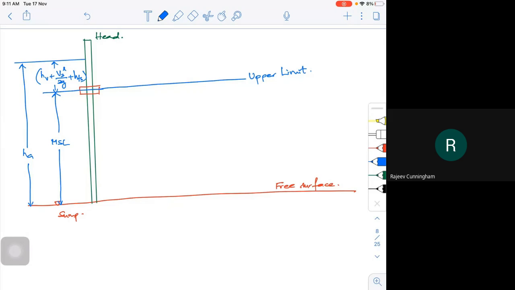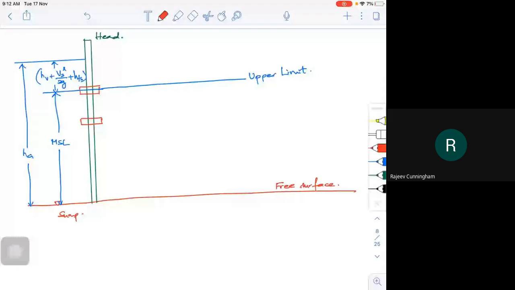Now there is something called your suction head. This is what I need, MSL is what I require. But every time I can't keep my pump at the MSL level; I will be keeping it at a lower level. Suppose I install my pump at a slightly lower level like this. This is where I want to put my pump.